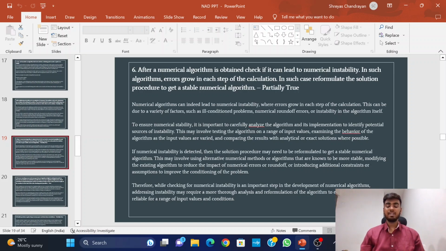If numerical instability is detected, then the solution procedure may need to be reformulated to get a stable numerical algorithm. This may involve using alternative numerical methods or algorithms that are known to be more stable, modifying the existing algorithm to reduce the impact of numerical errors or round off, or introducing additional constraints or assumptions to improve the conditioning of the problem.